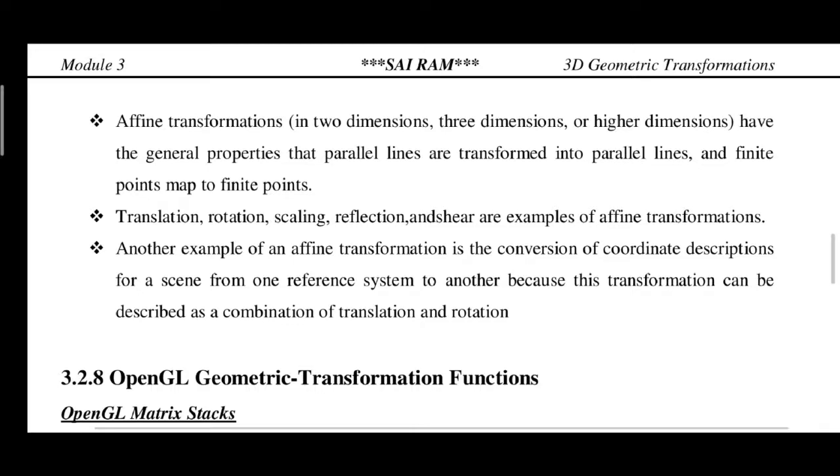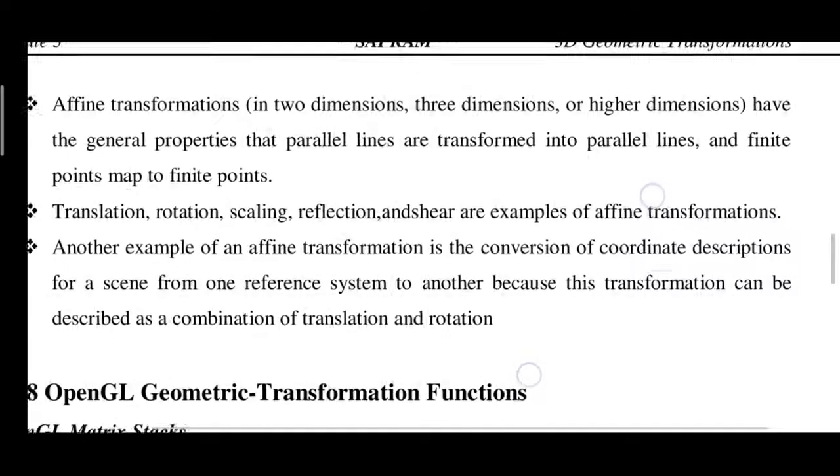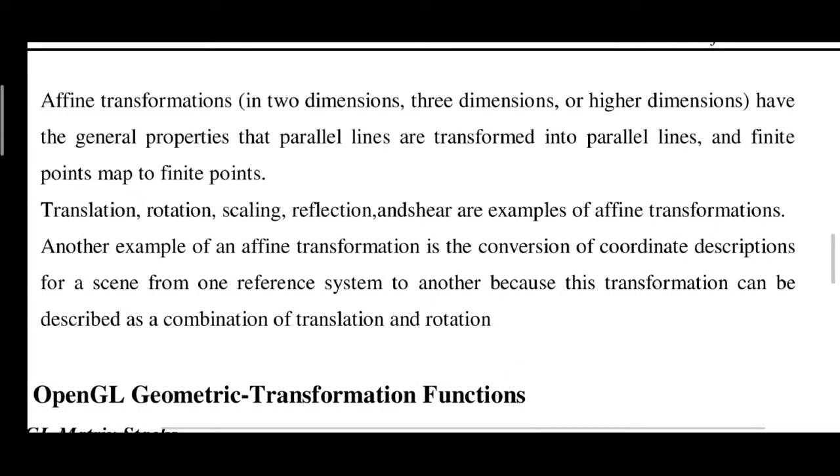Another example of affine transformation is the conversion of coordinate description for a scene from one reference system to another reference system, because this transformation can be described as a combination of translation and rotation. Even a composite transformation belongs to the same category. What does composite transformation stand for?